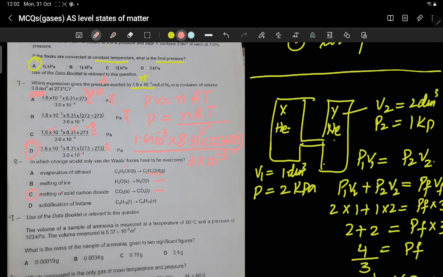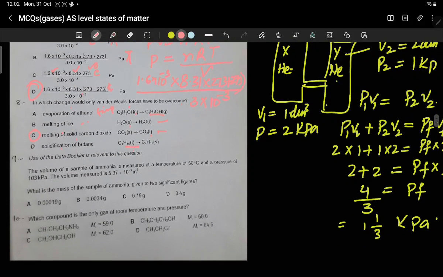Solidification of butane, evaporation of ethanol, liquid to gas, temperature is involved. Melting of ice is also an endothermic process, and liquid to solid is condensation. So only melting of solid carbon dioxide has van der Waals forces to be overcome.